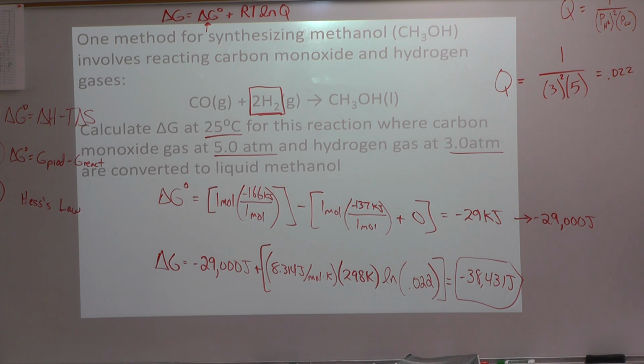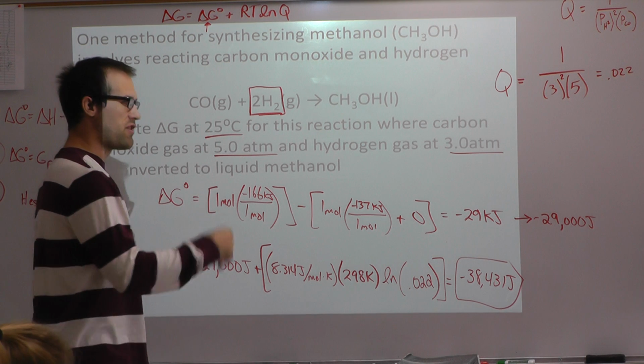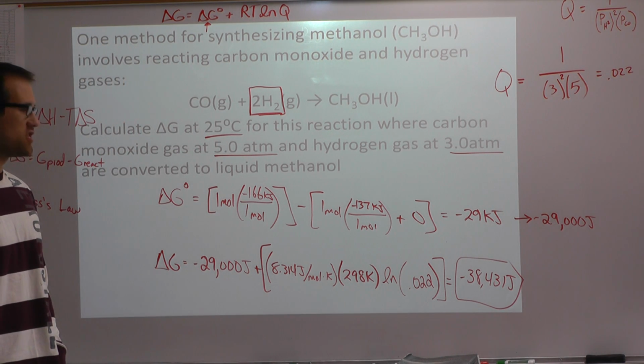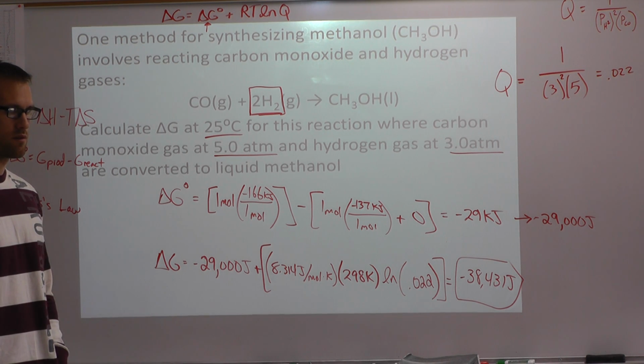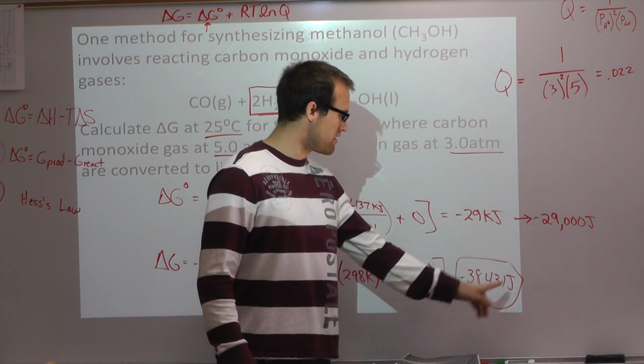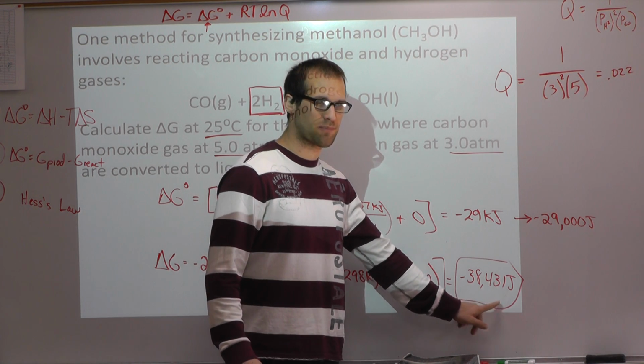Let's compare the G values, the G value at an increase in pressure from the G value at standard state. What was the G value at standard state? 2900, right? And this is the G value under the increased pressure.